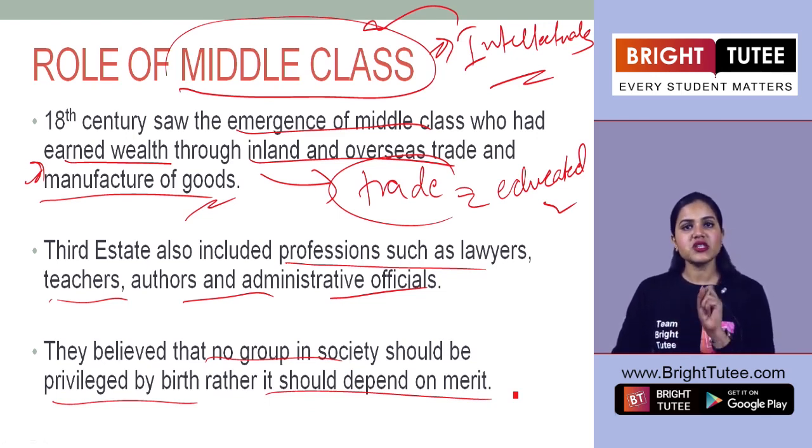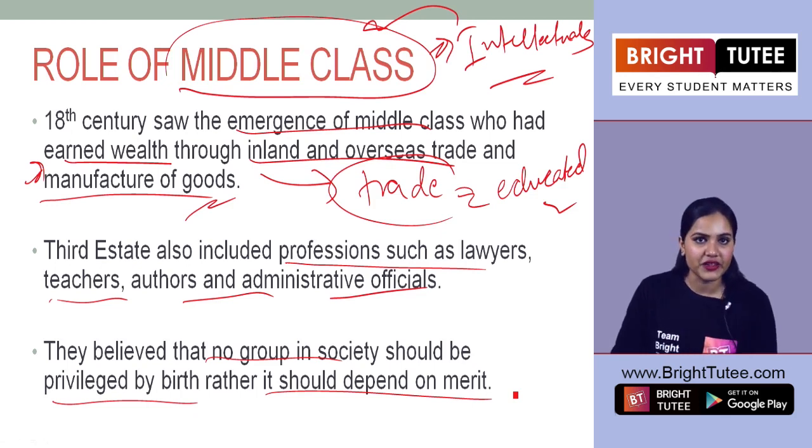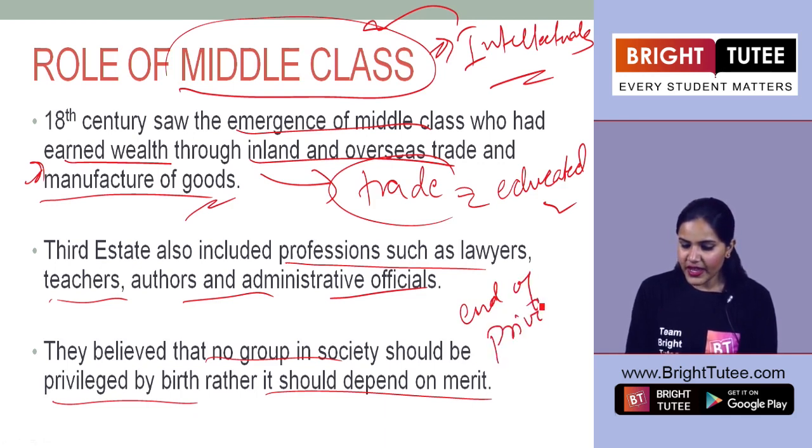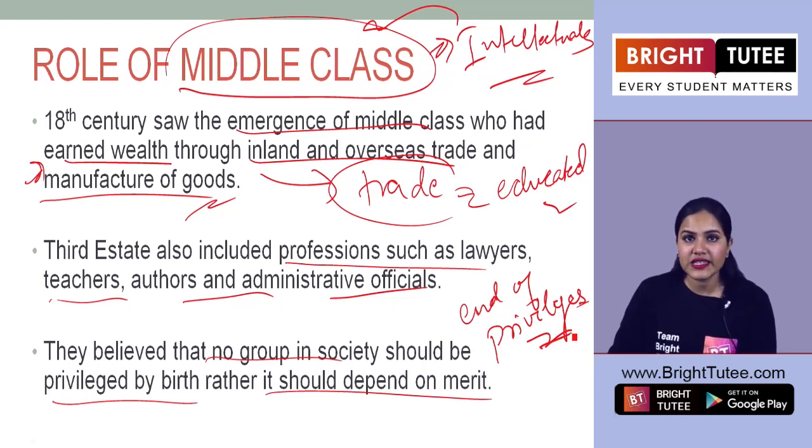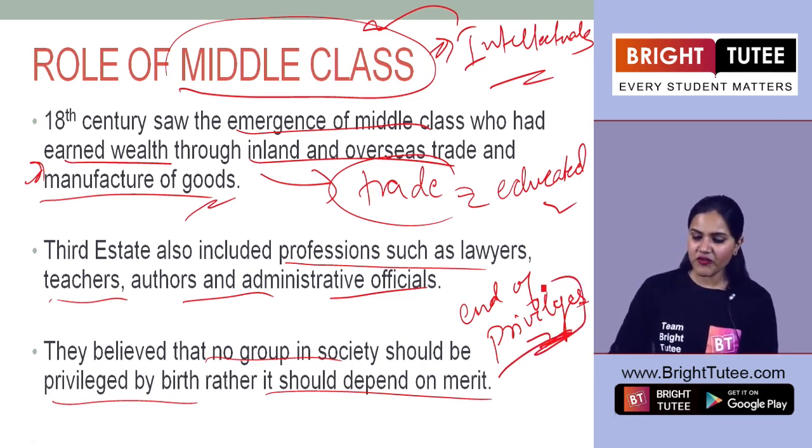So this is the gist that you have to understand, that what ideas they were having in their mind here. So they believe that there should be the end of privileges that were being enjoyed by whom? By the first and second state. That means we are talking about the clergy and the noblemen. Yes. So all these privileges should come to an end. No one should be given privileges by birth.